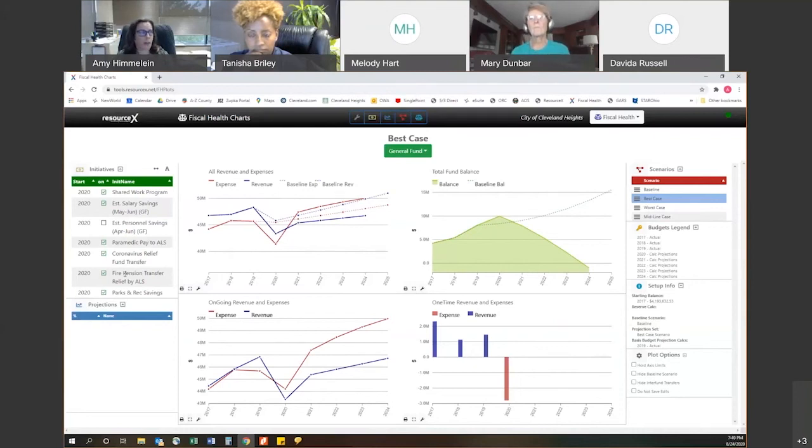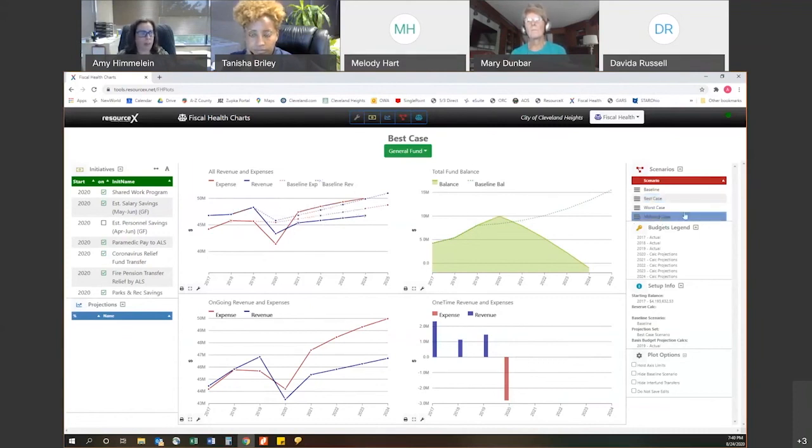The transfer that the ambulance fund is going to do is another one-time transfer, so it's not something that would happen in 2021. That's also why you see the expenditures jump way back up in 2021, because we won't have a lot of these savings. In addition, there's the Parks and Rec savings, which is basically, since we don't have any programs going on, we have savings there. So that's the best case scenario, which of course is good news.